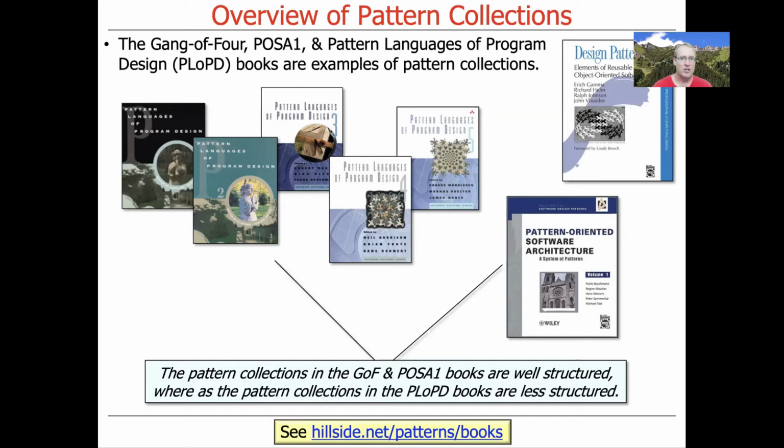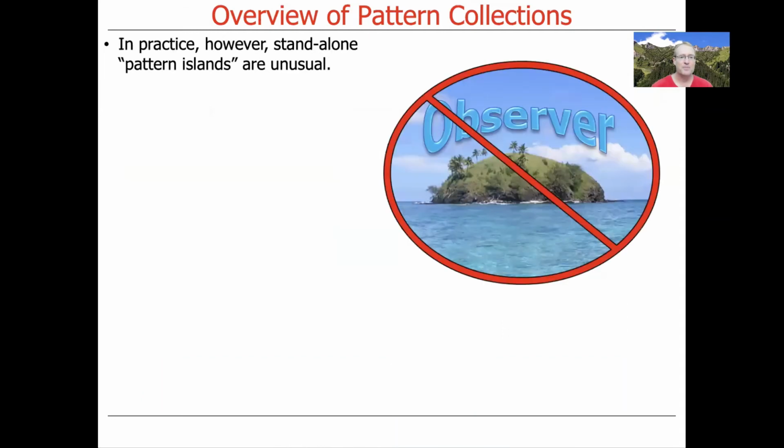And so they really are just a collection of patterns, but they're not really structured in any coherent way. And that's not meant as a criticism. It's just because the books were done by taking papers that were submitted and reviewed in writers' workshops at the Pattern Languages of Programming Conference, the so-called PLoP conference, and then organized into volumes of books later on.